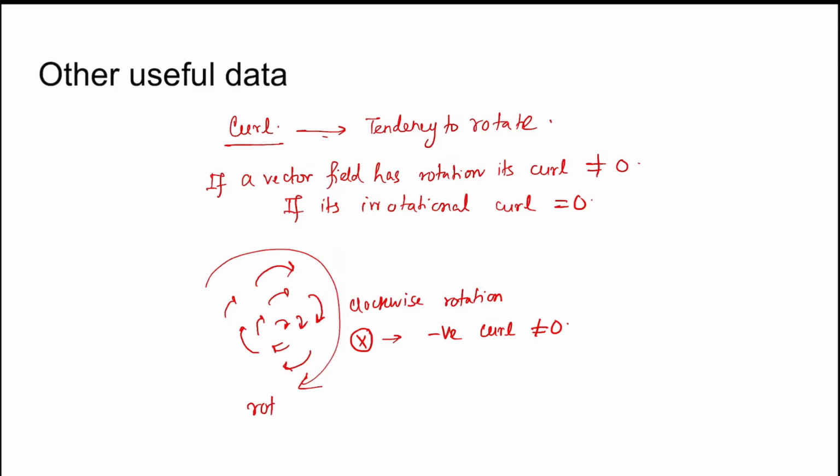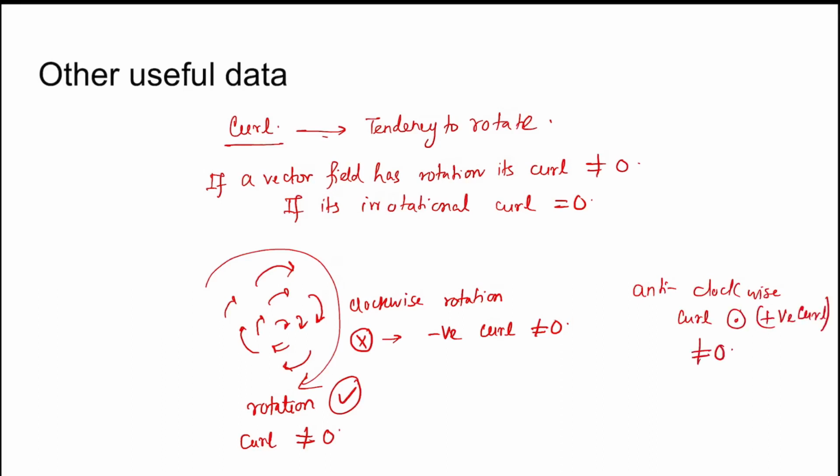So rotation exists, so curl is not equal to 0. Similarly, for anti-clockwise rotation, curl is positive, similarly not equal to 0. No rotation means curl is 0.